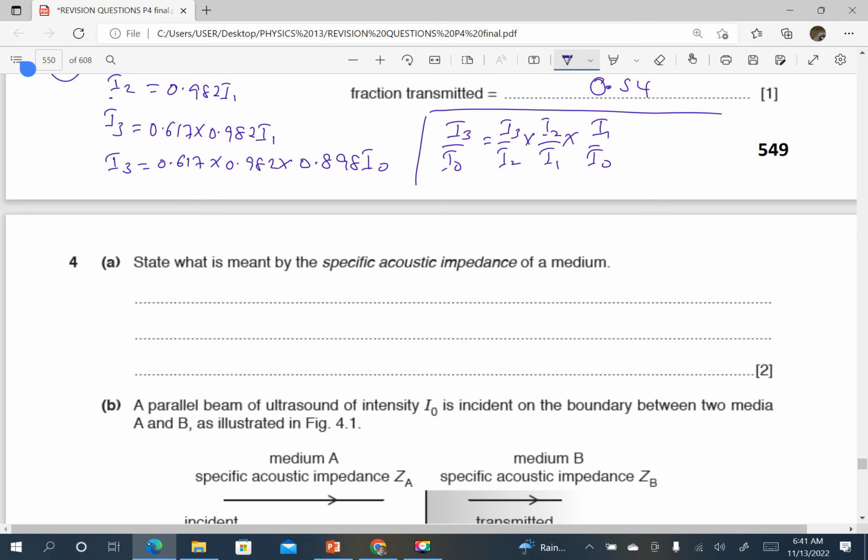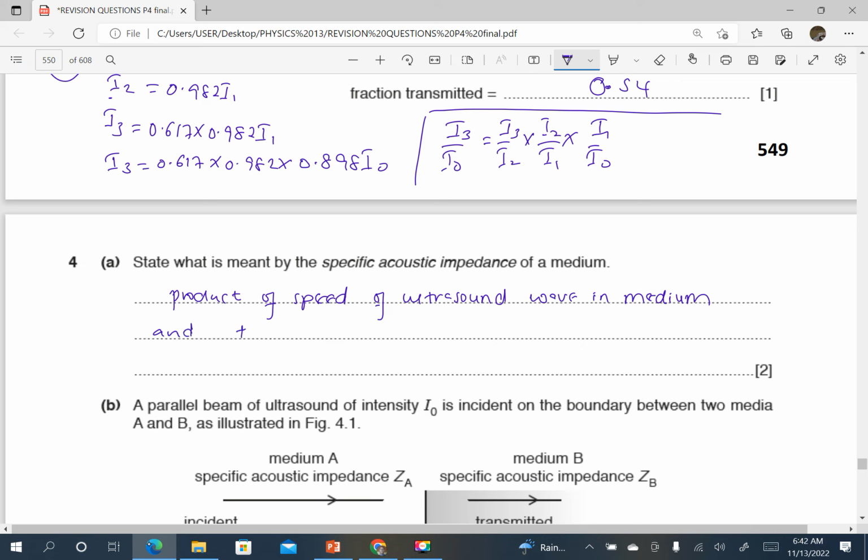This is the product of the speed of ultrasound wave in a medium and the density of the medium.